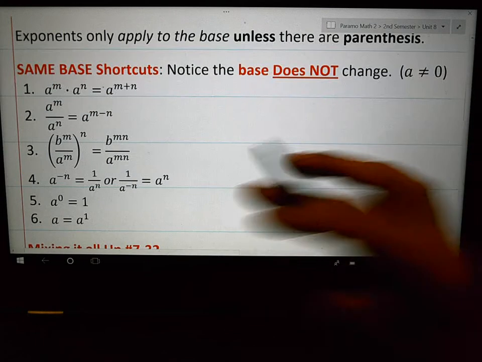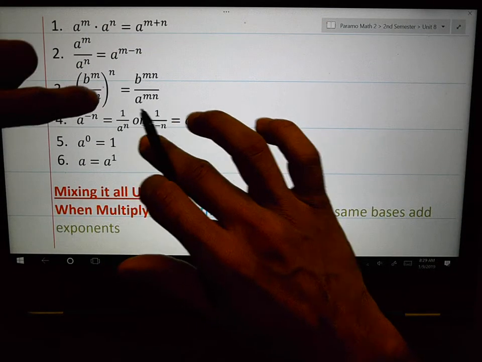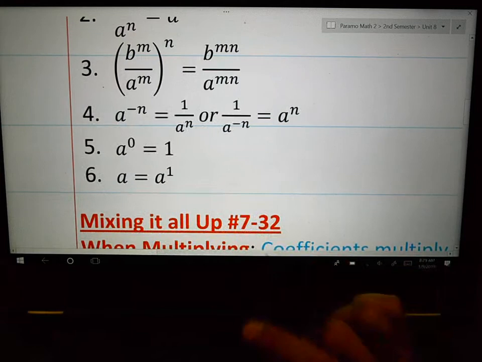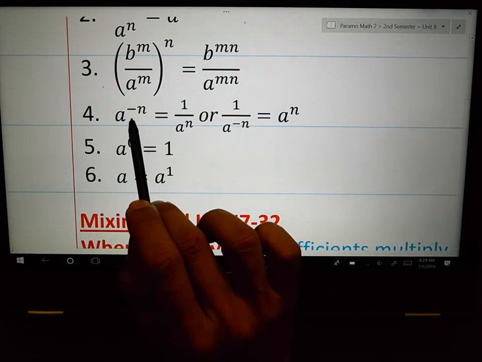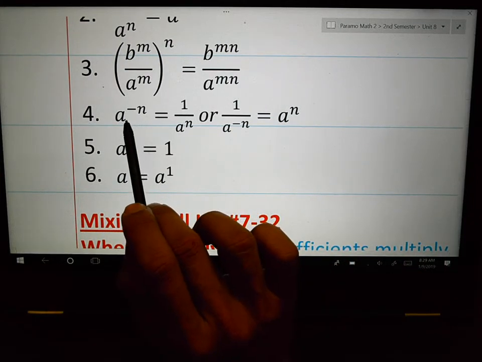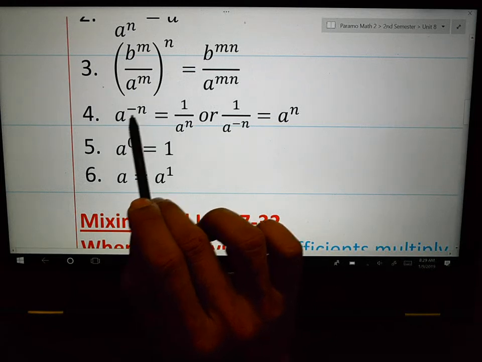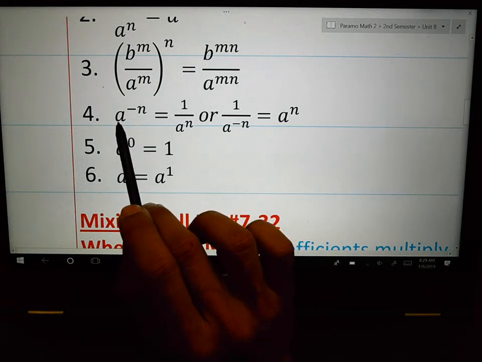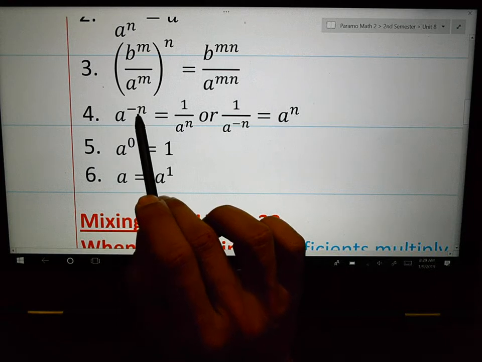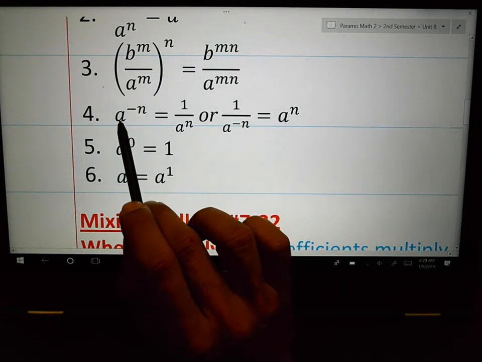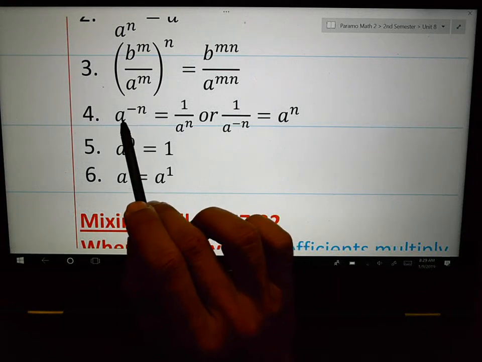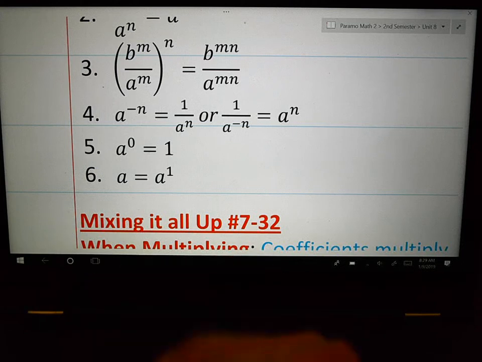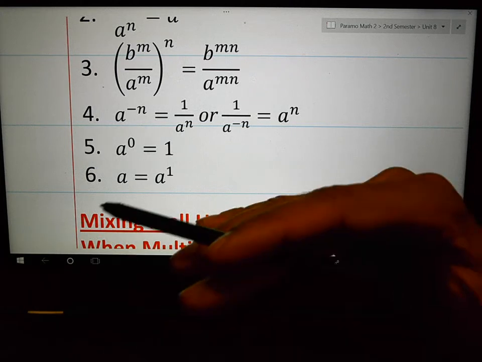So when you look at, let's just say we're looking at rule number 4, and we have a negative exponent. If there is a negative exponent, what it means is instead of you having n factors of a multiplying each other, translation, if this was a 3 and that's a 4, instead of having 3 groups of 4 that are multiplying, we're going to be doing 3 groups of 4 dividing.